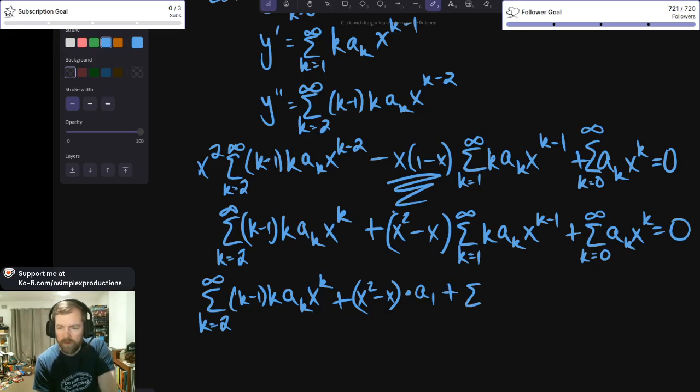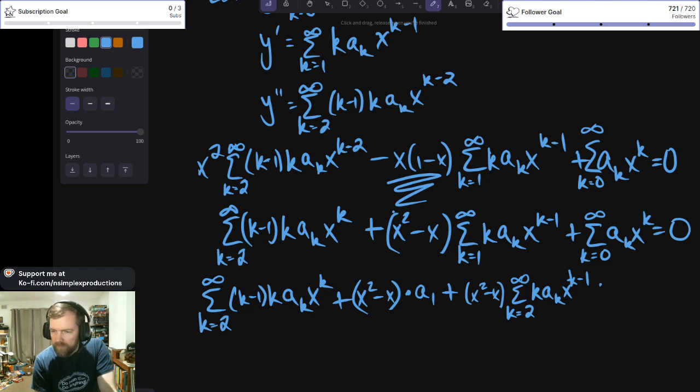Then we get x squared minus x times the summation k goes from 2 to infinity of k a sub k x to the k minus 1. Plus, if k is 0, we get a sub 0. And if k is 1, we get a sub 1 x.